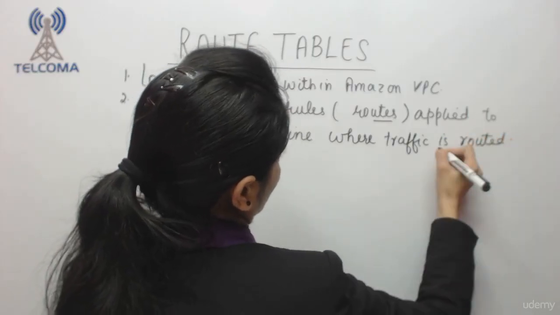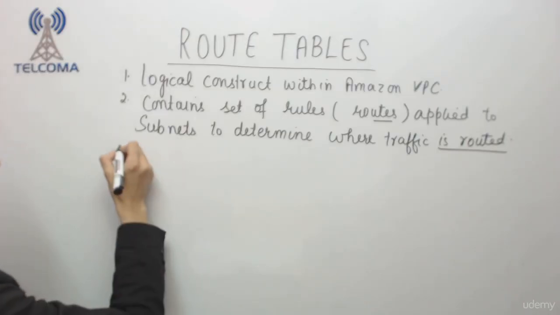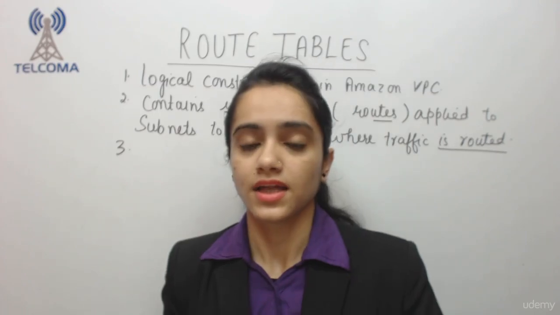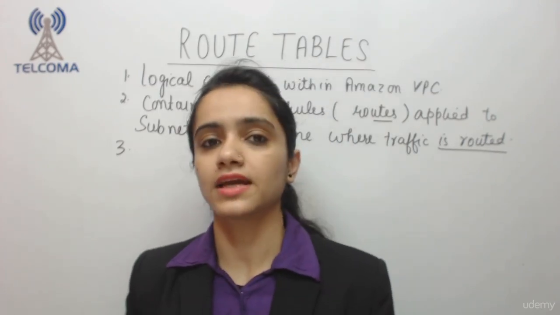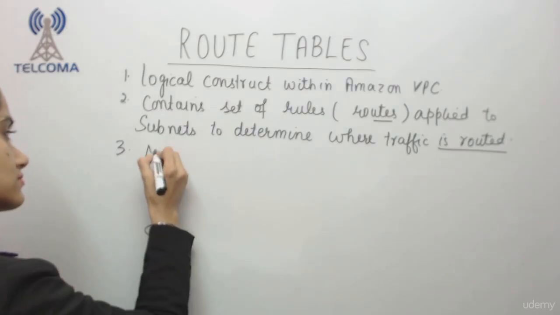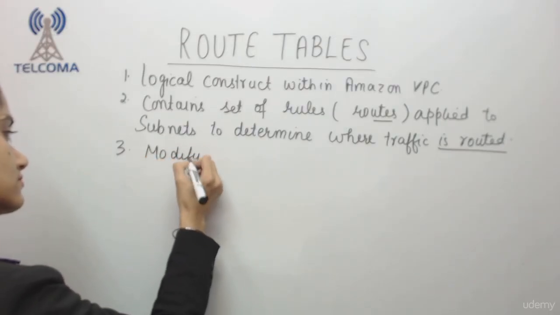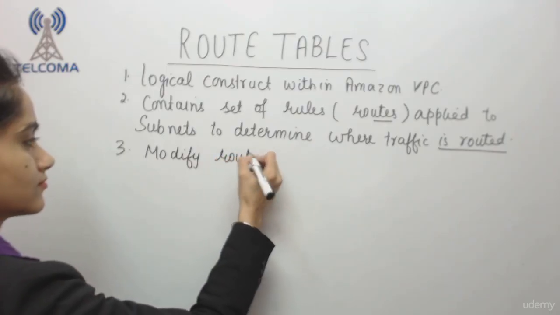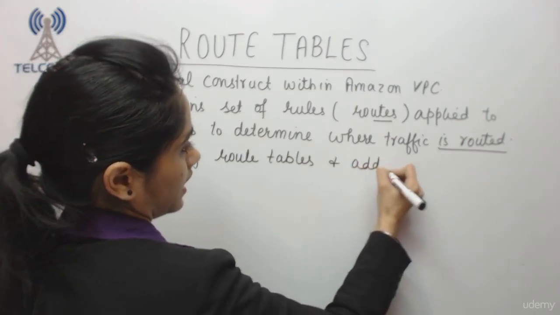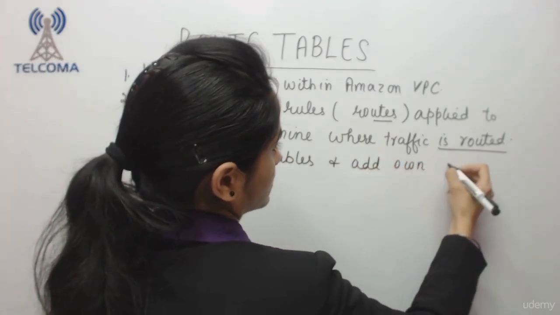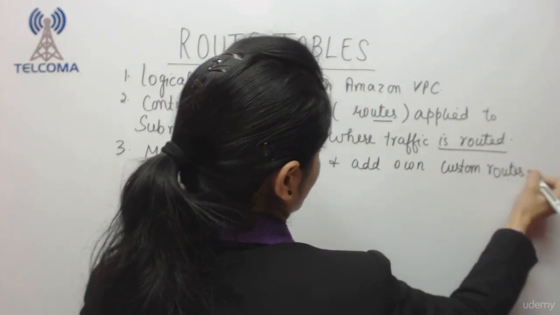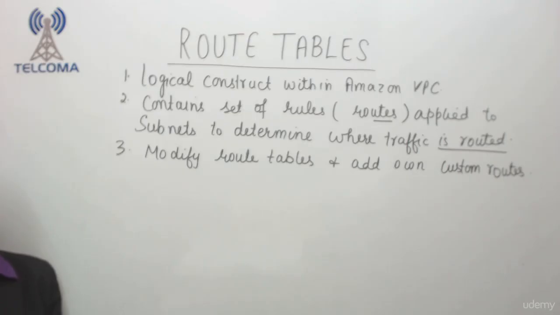That means where we have to route the traffic, or if we need to define a route, that is specified by this. Now we can modify route tables and we can add our own custom routes also.